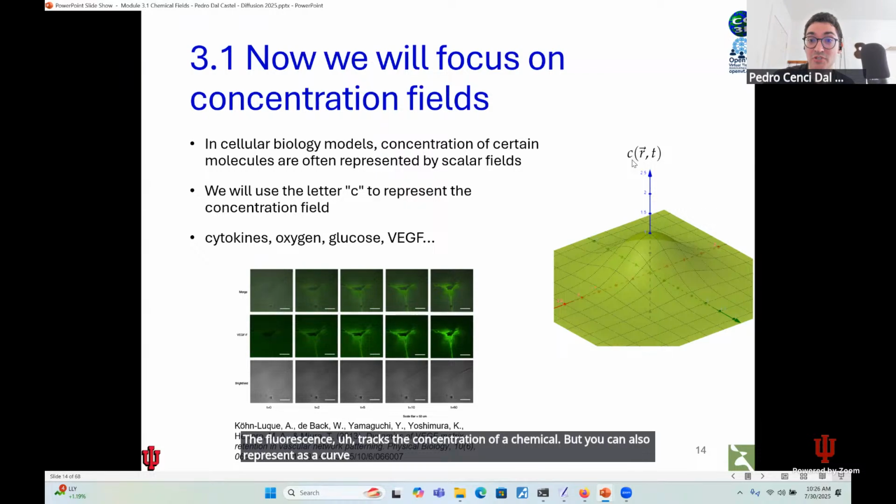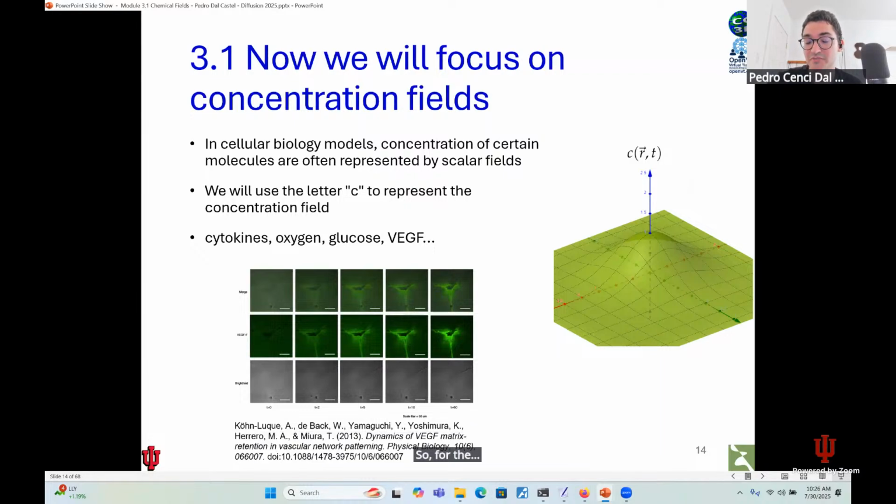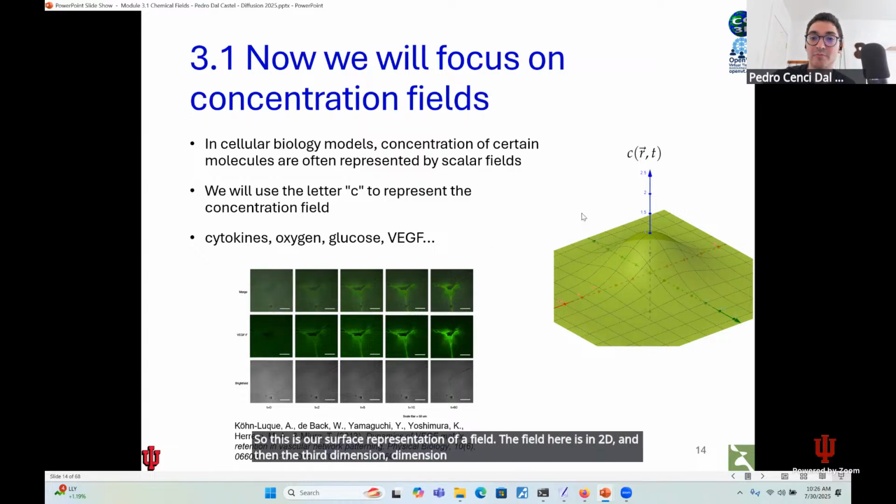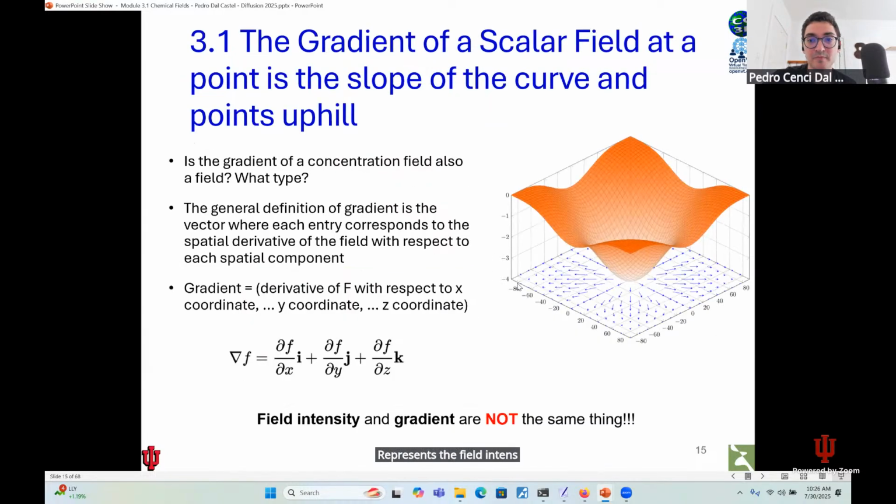So we're using C as the notation for our concentration field that has a value in each point in space and also varies in time. So this is our surface representation of a field. The field here is in 2D, and then the third dimension, dimension Z, represents the field intensity. Then we have the gradient of a field.